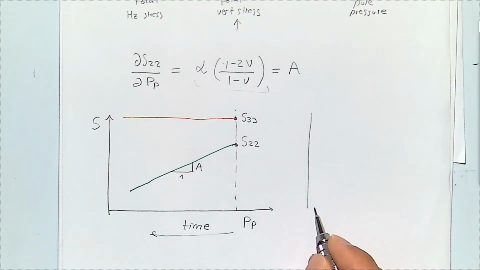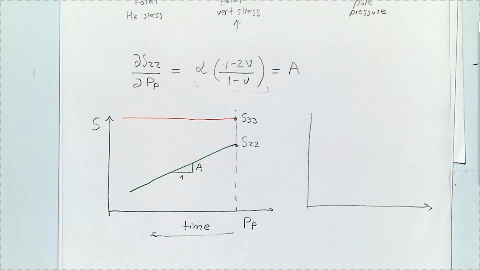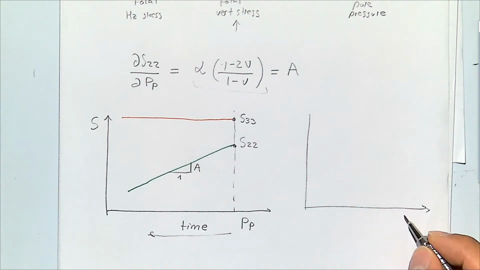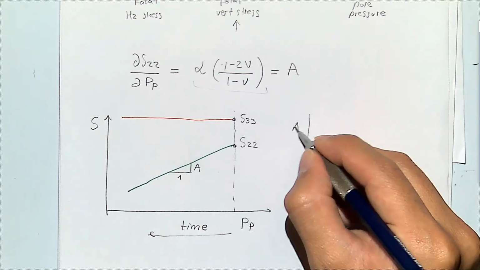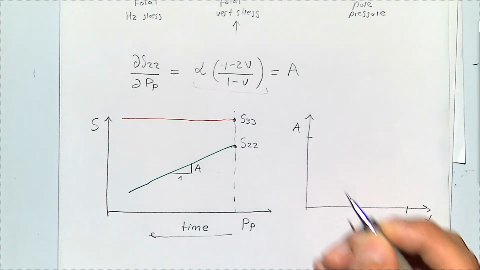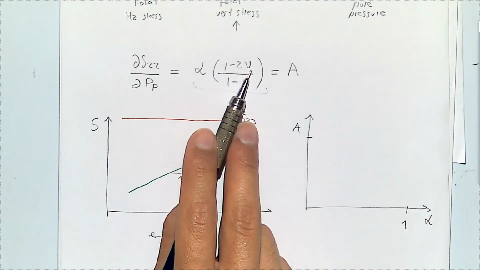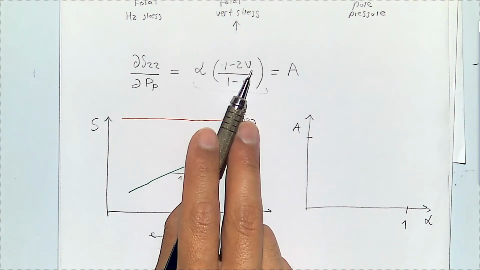And we just said that it is a function of Poisson ratio and the Biot coefficient. So let's say for a Biot coefficient equal to 1 and a Poisson ratio equal to 0.5. What is the value of A? So Poisson ratio equal to 0.5, which is absolute maximum.